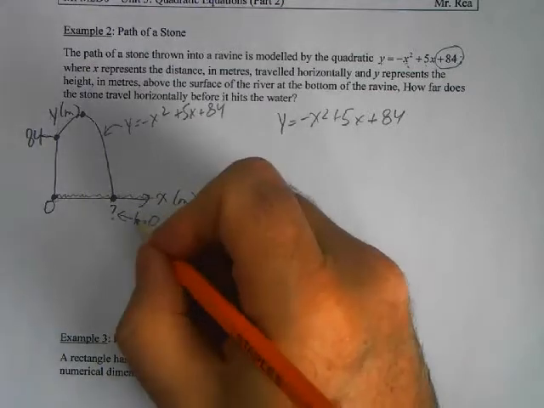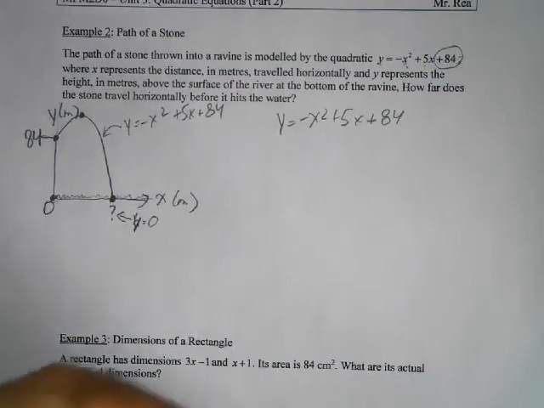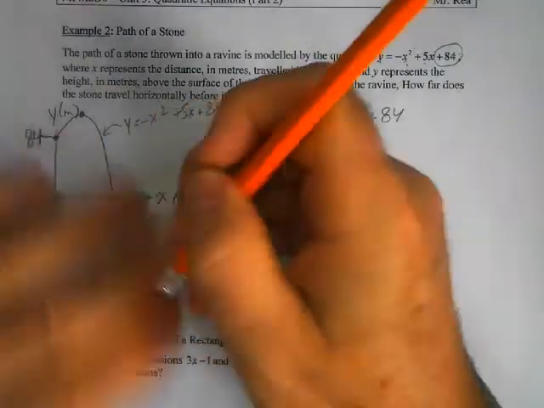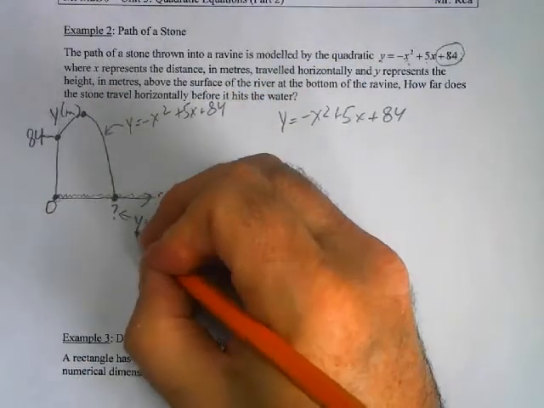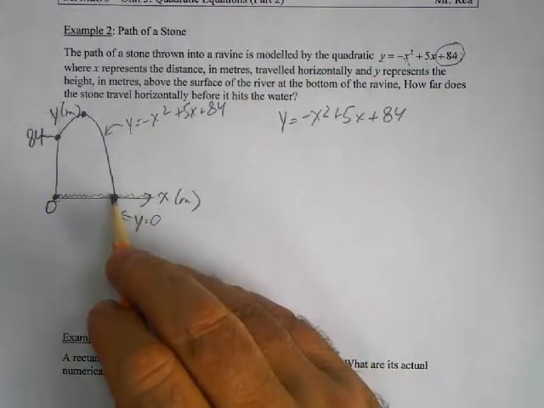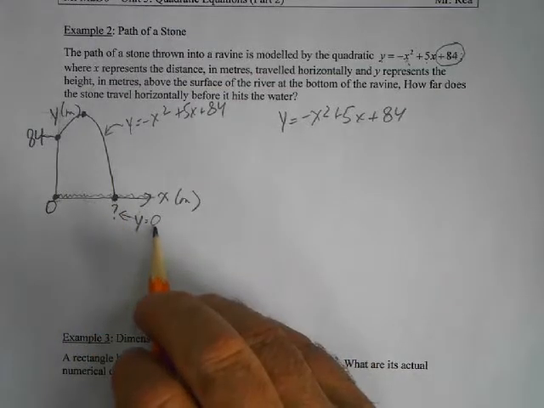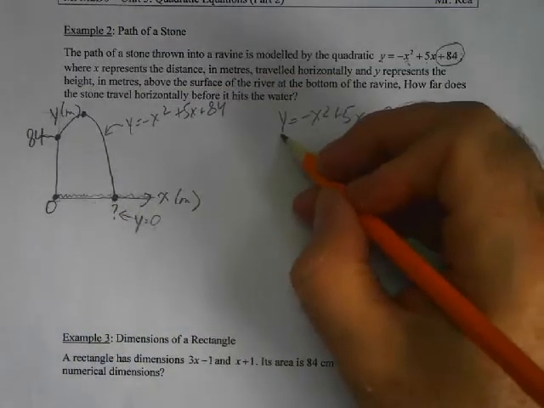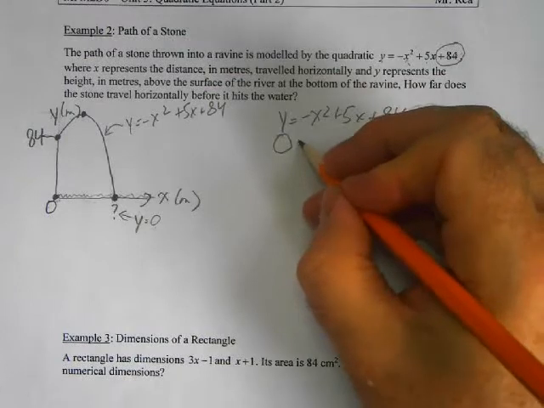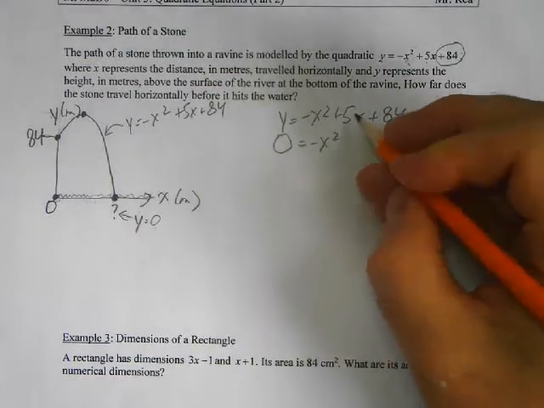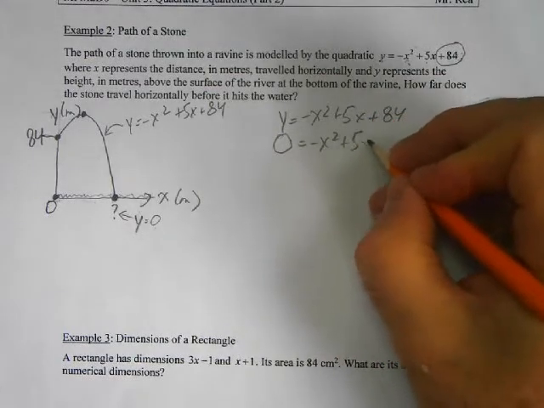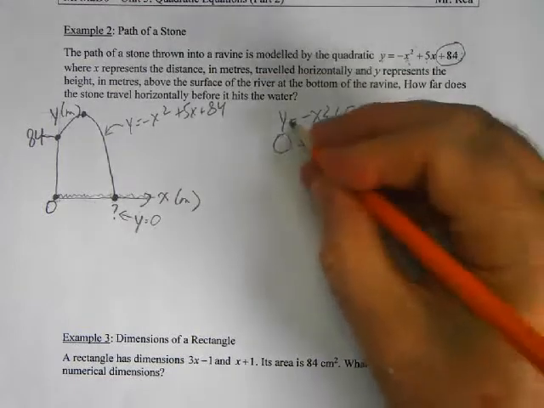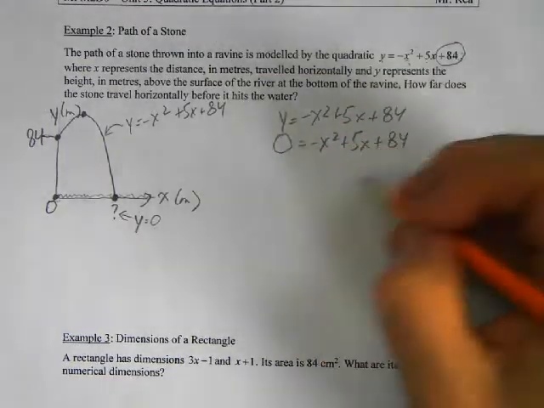So we keep interchanging these values. According to the equation, this is where y equals 0. If I'm looking for that point, and I know that point has a y value of 0, I'm going to change the y value to 0. And now we've got a quadratic equation.